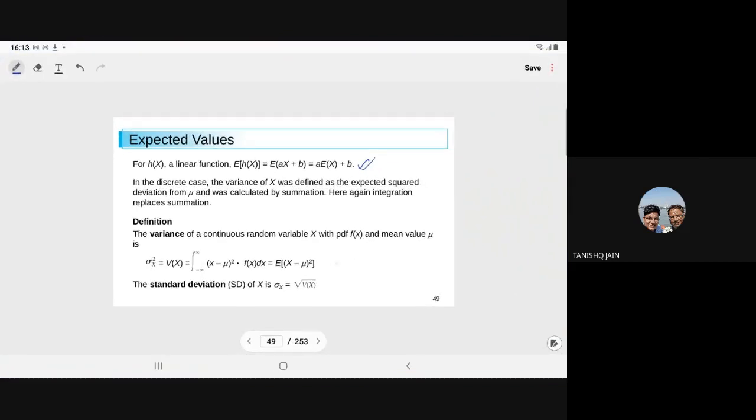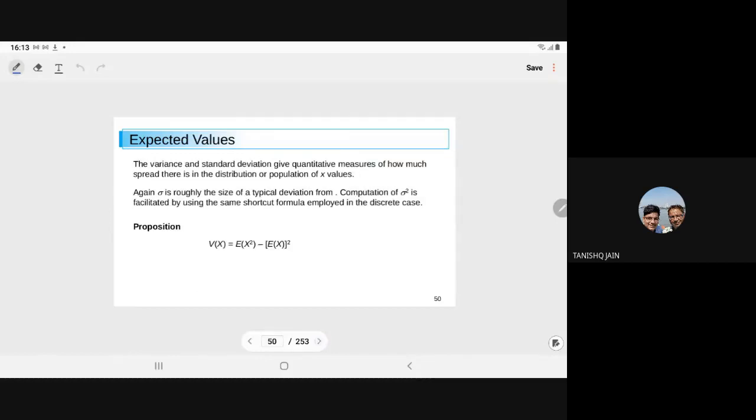Right. So here we have the value of variance. Variance we denote by sigma square of x, and the positive square root of variance is known as the standard deviation. So the standard deviation for the random variable is nothing but the positive square root of the variance of x.